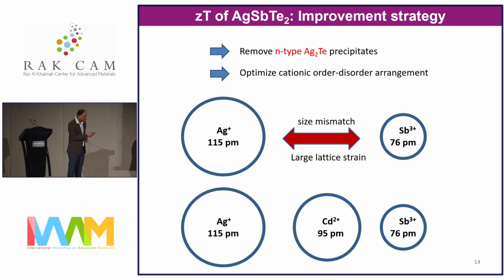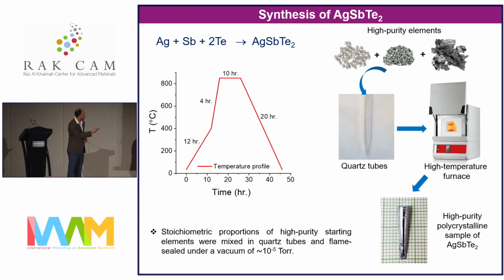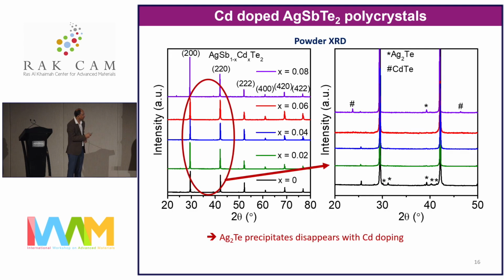In order to do that, we made the samples by normal solid-state sealed tube reaction, and we get a very high-quality crystalline ingot of AgSbTe2. Then we started doping cadmium from 2 mole% to 4, 6 and 8 mole% in this compound. You can see pristine AgSbTe2 always has a little bit of silver telluride impurity, because AgSbTe2 sits non-stoichiometrically in the phase diagram of Ag2Te and Sb2Te3.